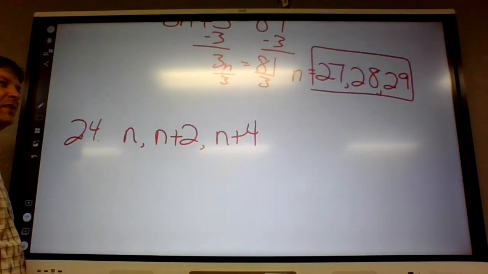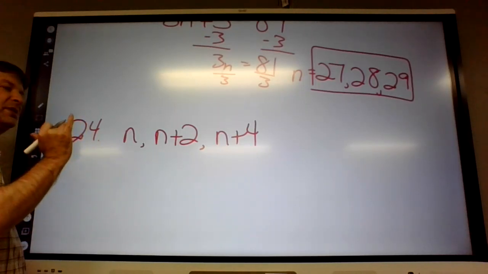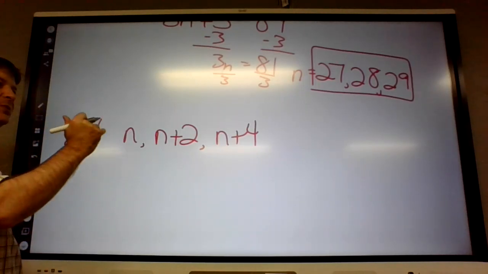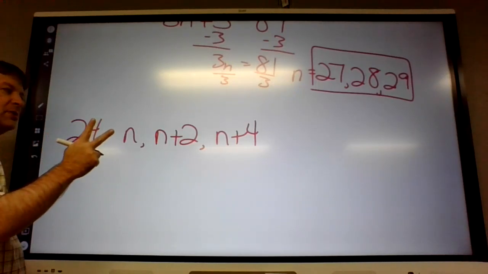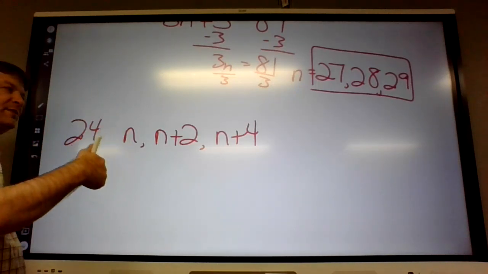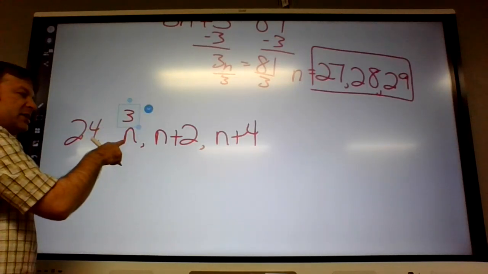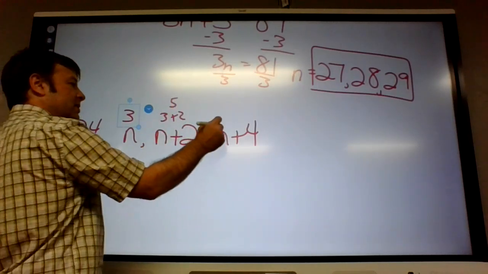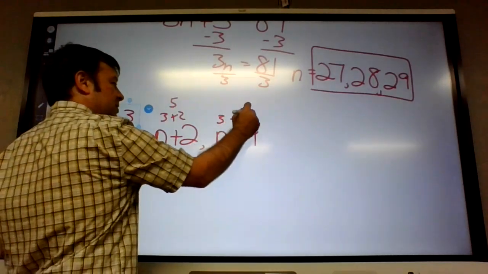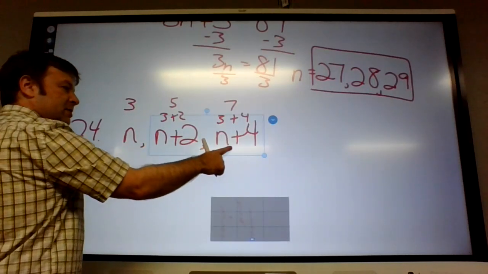Now, what do consecutive odds look like? Okay, this tricks people. How much do odds go up by? 2. They go up by 2 as well. From 1 to 3 to 5 to 7, those are jumping by 2. The difference is, the first number has to be odd, and then the second number, when you add 2, will be odd. And the third number, when you add 2, will be odd. So both evens and odds look like this.